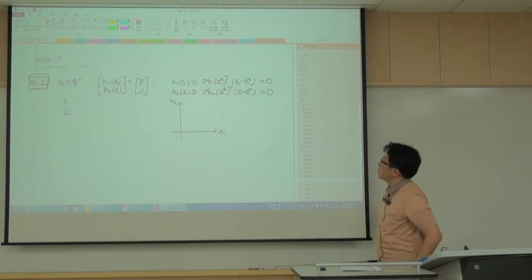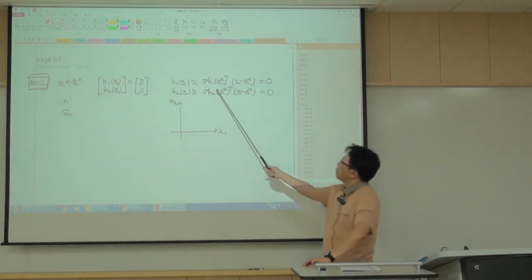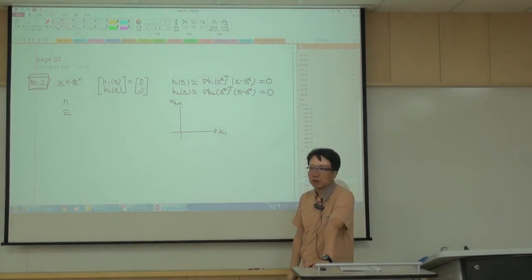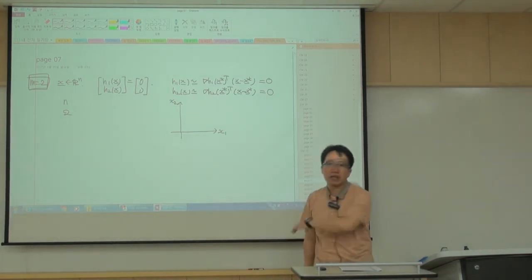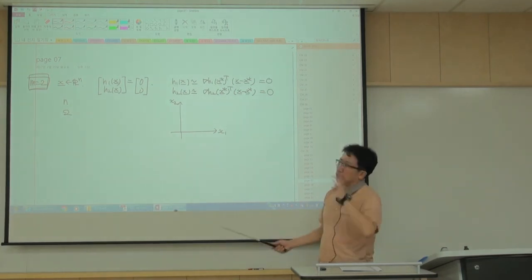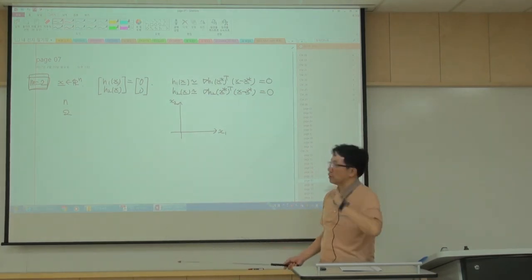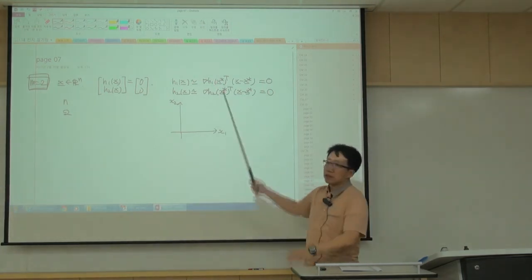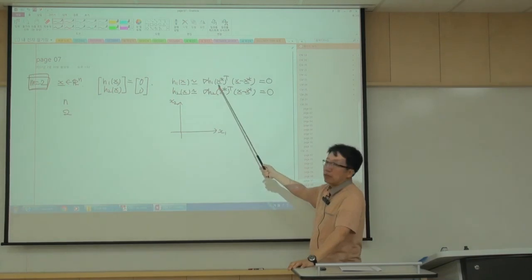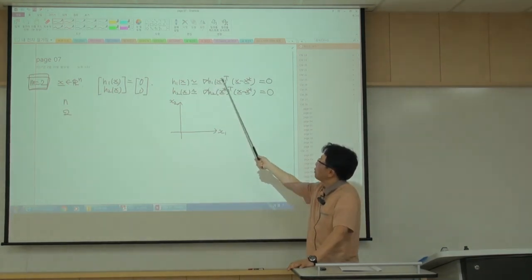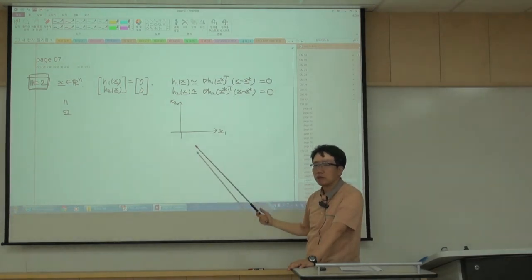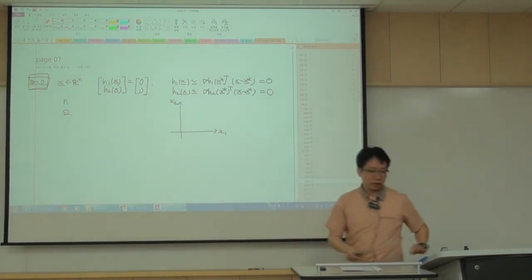One case is when one of the gradient vectors is 0. In that case, we go back to the previous one. The second case is that this vector is proportional to that vector. Then they are the same. So let's forget about those cases.